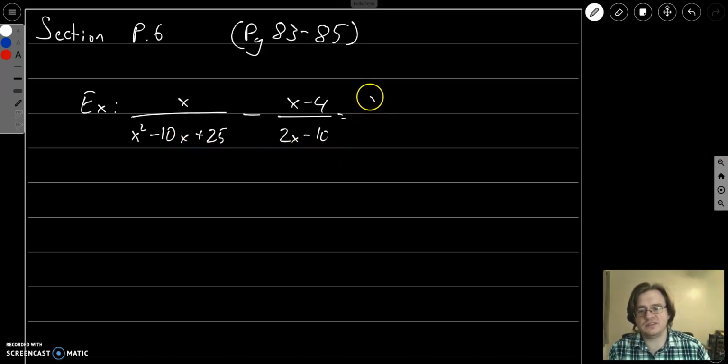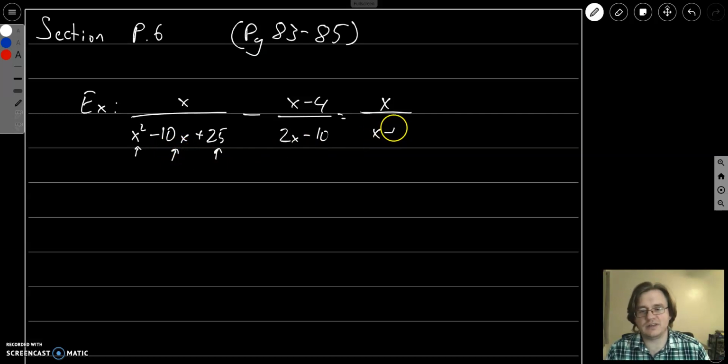So what I want to do first is just factor both of these denominators so that we have a good idea of what we're dealing with here. For the first fraction, we've got x squared minus 10x plus 25. You'll notice that we've got an x squared and a 5 squared, and the middle term is going to be 2 times 5 times x.